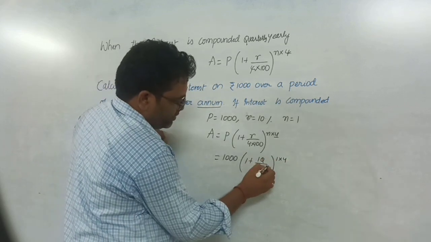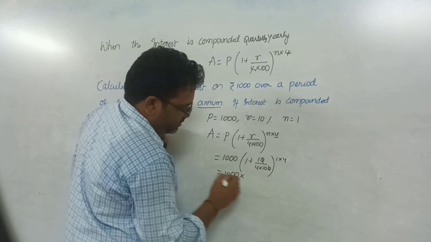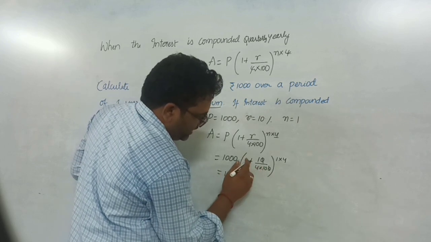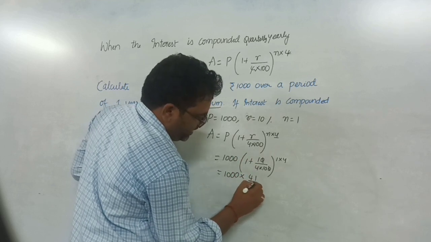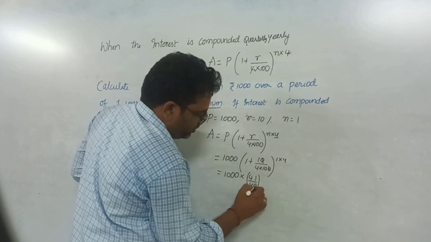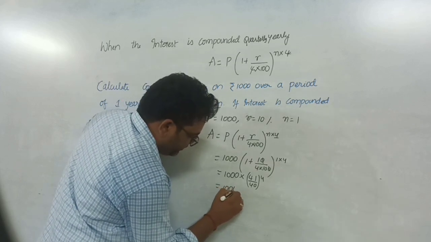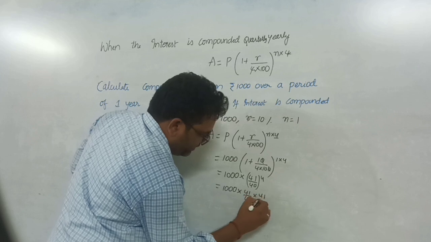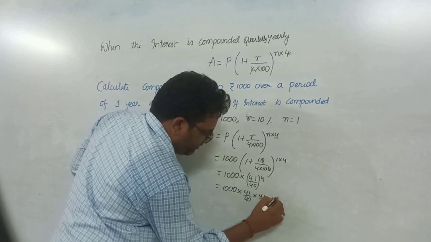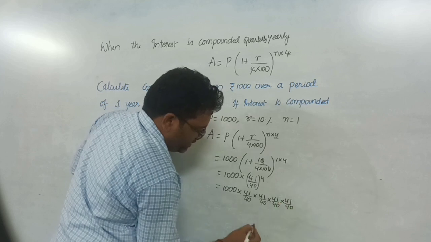So here the zeros cancel, 1000 into (40 plus 1) which is 41 by 40, whole to the power of 4. So 1000 into 41 by 40, 41 by 40, and 41 by 40 into 41 by 40.